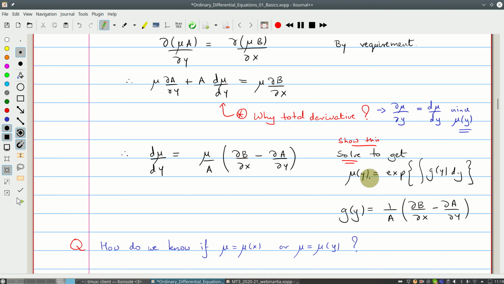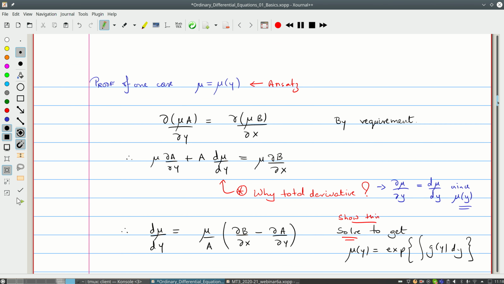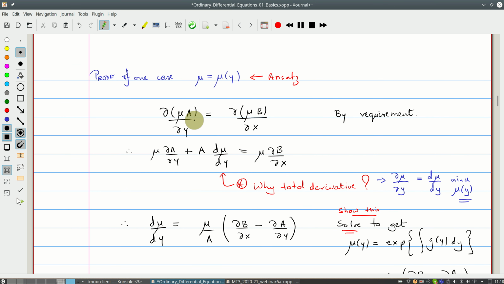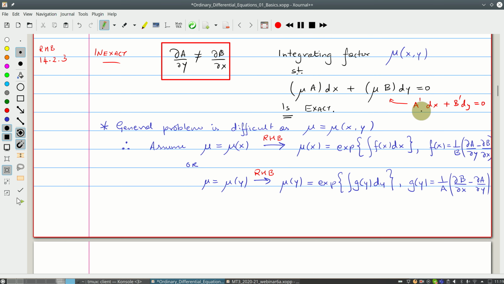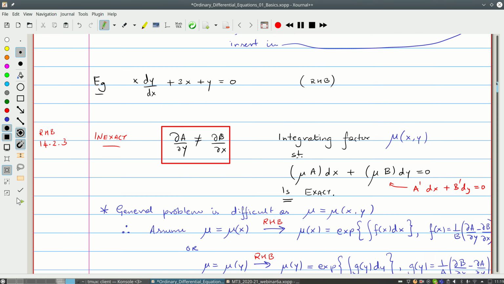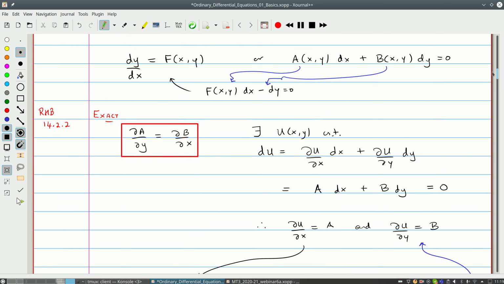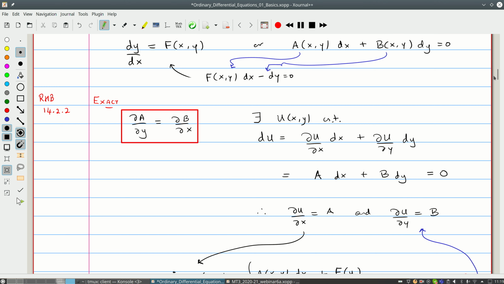Okay, and once you've got mu, what do you do then? Well, in principle, once you've got mu, you just multiply your differential equation by mu, and it becomes exact. And once it's exact, you can go back to the previous case where we have learned how to solve an exact equation, and you can use the technology we've got from there to find the solution.